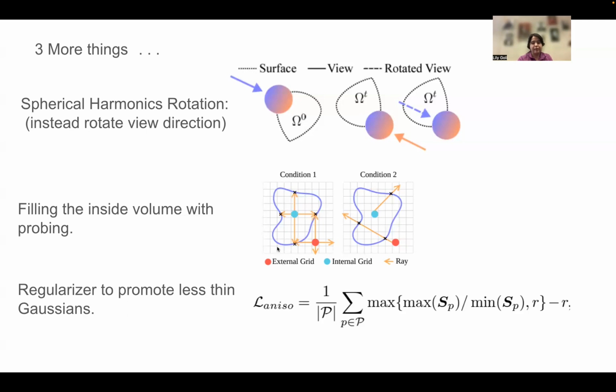And if the rays sent out from the node hit a surface 2 times, like 2 out of the 6 hit a surface, then they assume that that point is inside an object, and they assign the Gaussian closest to it to that grid node.